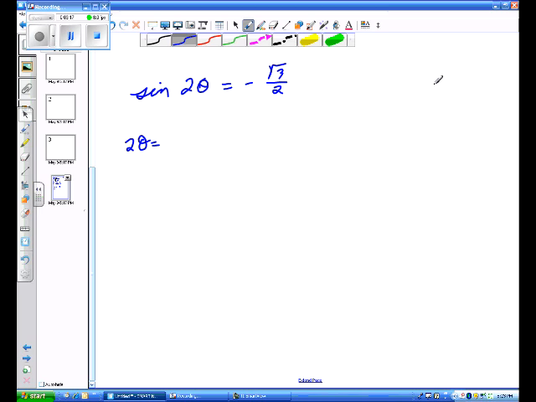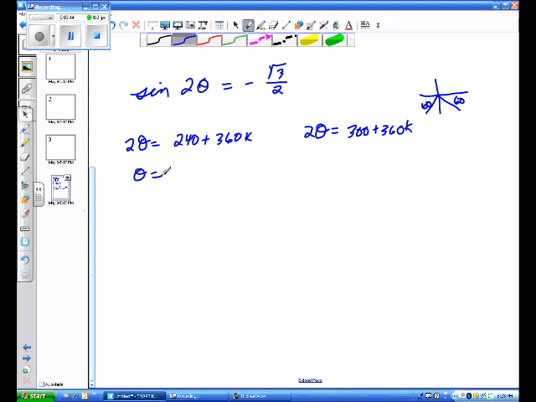Now since it's negative, then we're wanting it in the third and the fourth quadrant. So that would be 180 plus 60 would be 240 plus 360k, or 2 theta would be 360 minus 60, 300 plus 360k.